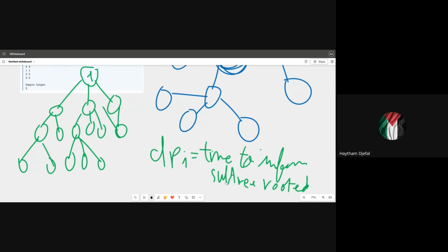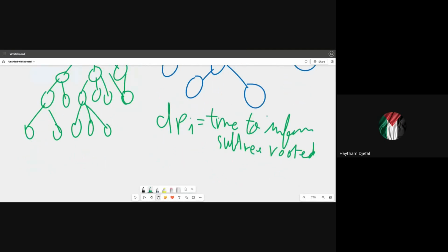The base case is DP of any leaf equals 0. Why? Because if the root knows, we are already done.